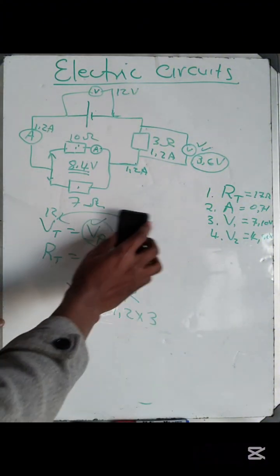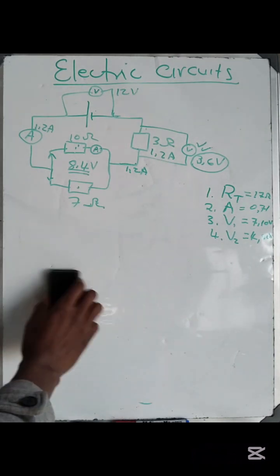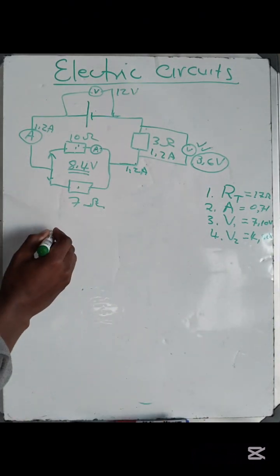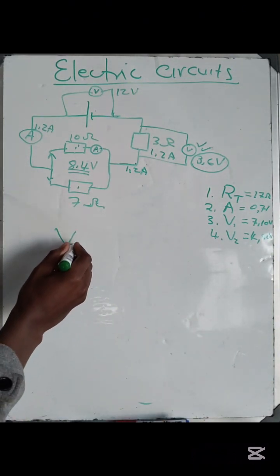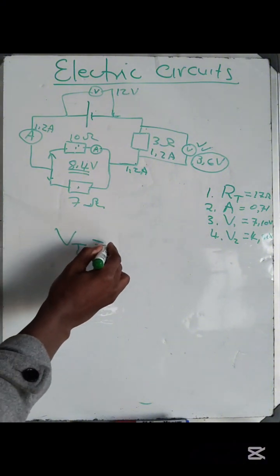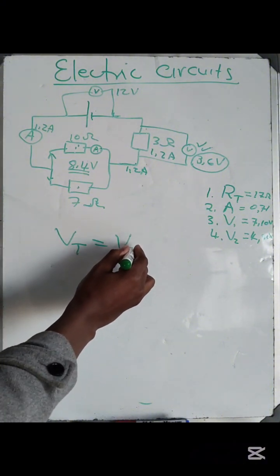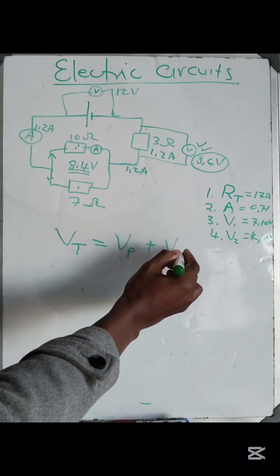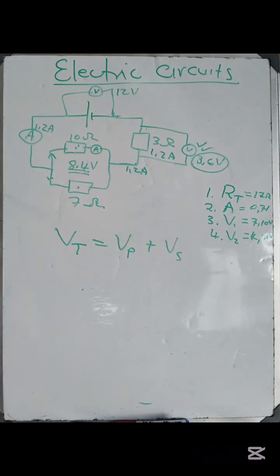So the important things are these formulas that I am writing here. Okay, the total voltage is equal to voltage for parallel plus voltage for series, if we know the internal resistance of the battery.